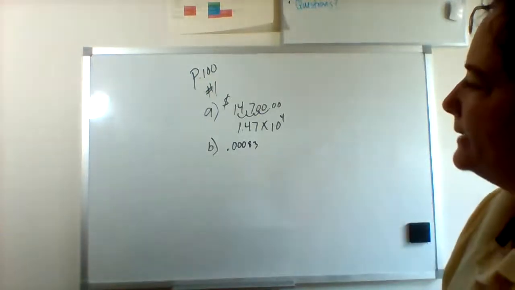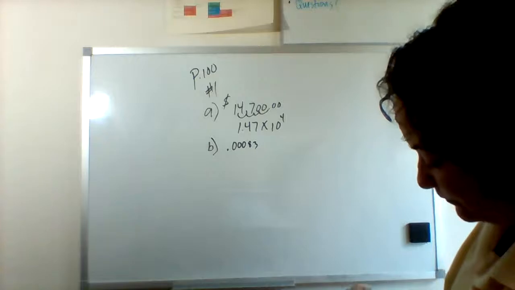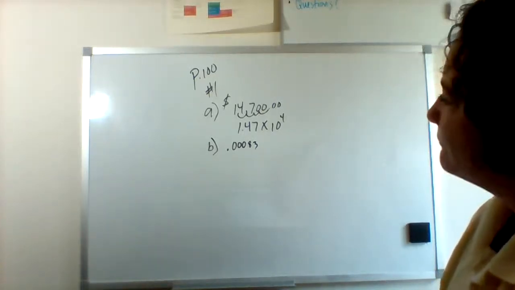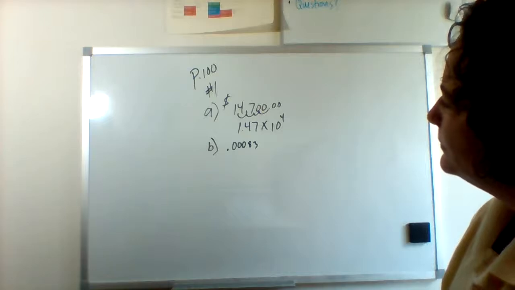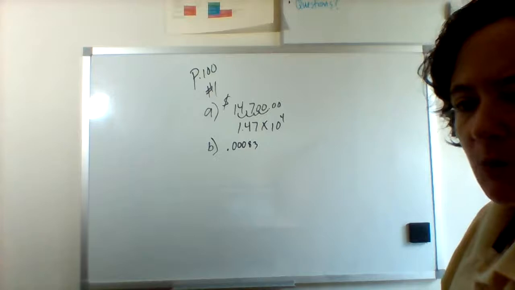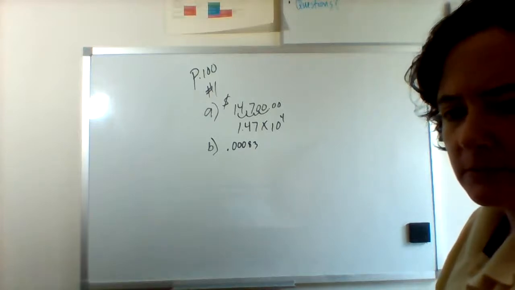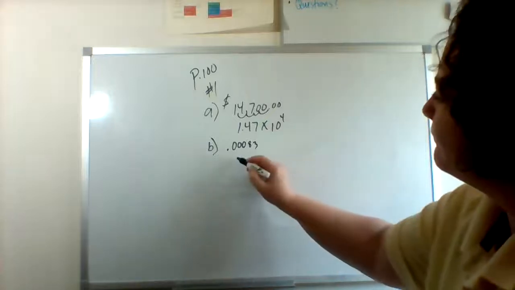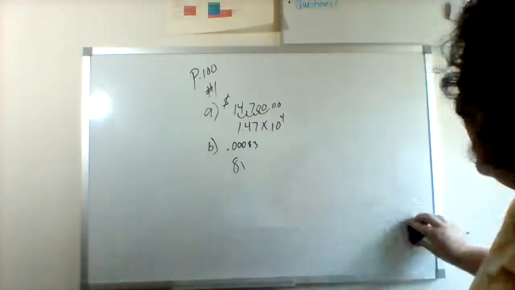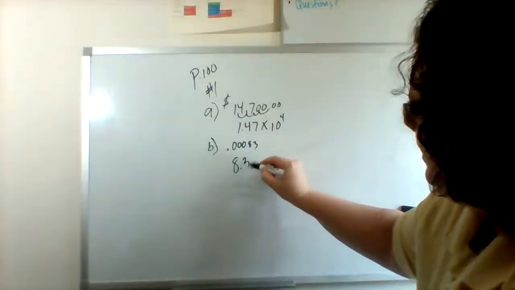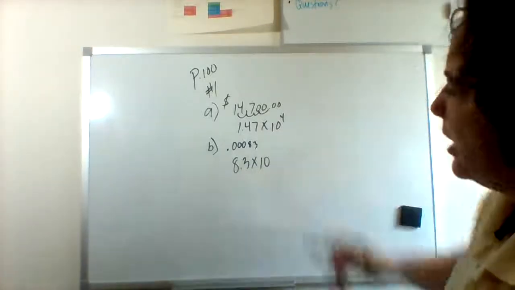Okay, if we're going to put that in scientific notation, what do we start with? I don't want to jump ahead of you because there might be lag. Cool, 8.3. Let's like it.